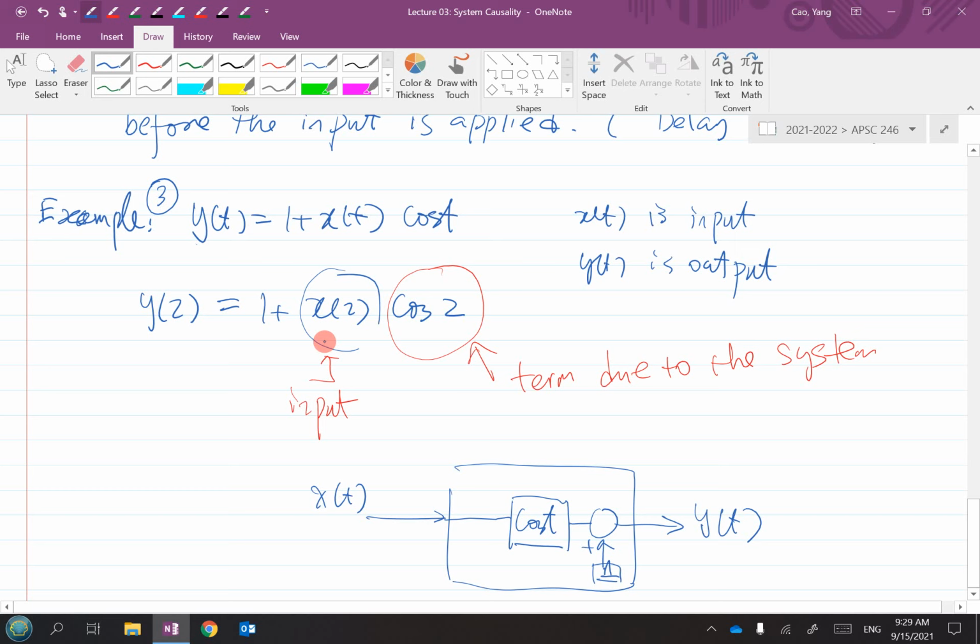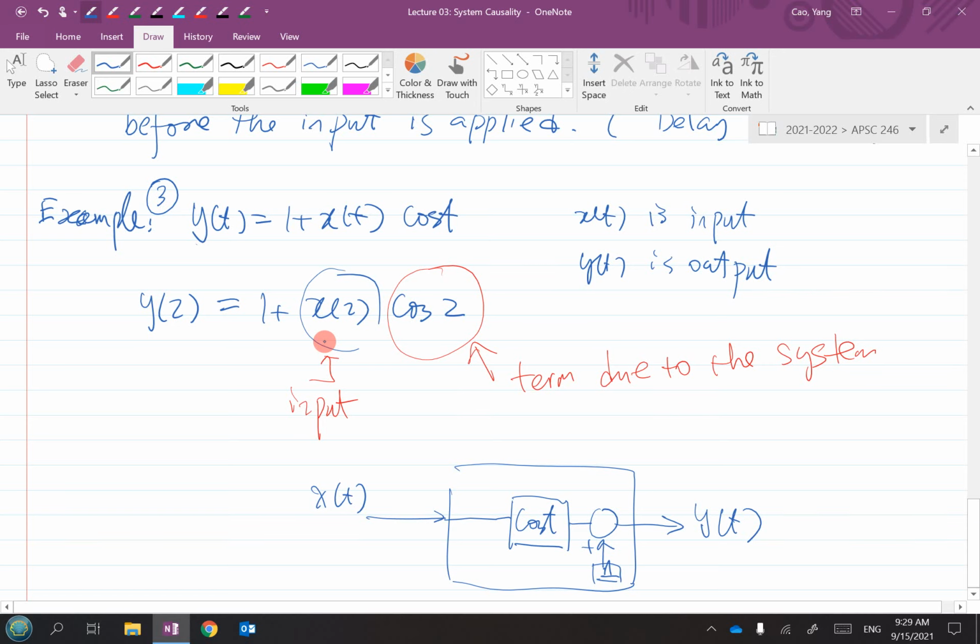If you're referring to multiple inputs, multiple outputs, you actually have exactly the same kind of definition. Basically, the output depends on any future inputs, doesn't matter which one of the inputs. So the idea is still the same. Does that make sense? Do I understand your question correctly? Okay. Is that clear?